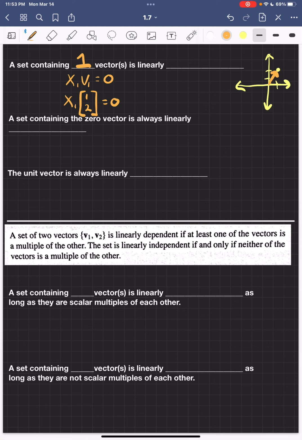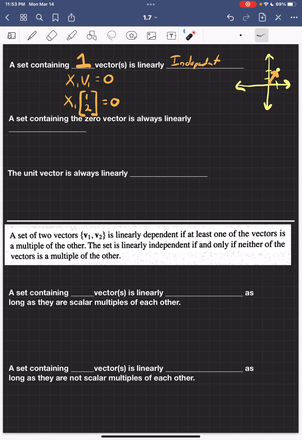So a set containing one vector is automatically linearly independent. You can only make this vector equal 0 if you choose 0 as a scalar. Again, we are assuming that the vector itself is not the 0 vector.